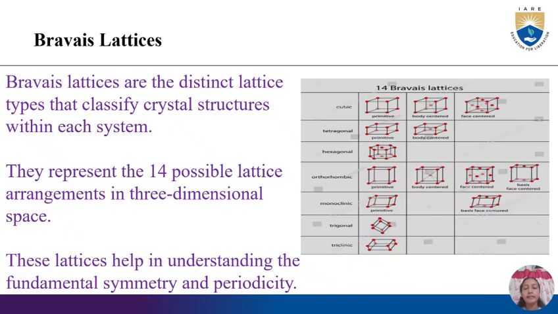Monoclinic has primitive and base-centered. Trigonal has only primitive structure, and also triclinic has only primitive structure. These lattices help in understanding fundamental symmetry and periodicity.